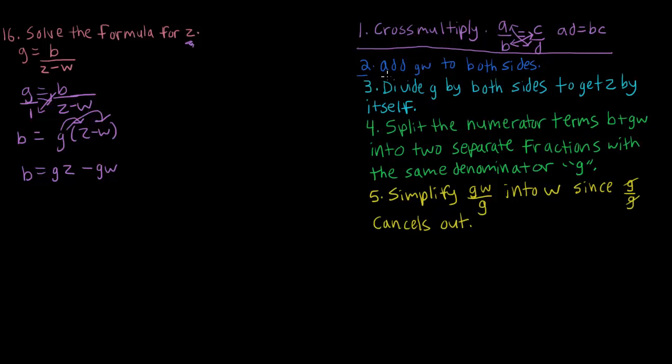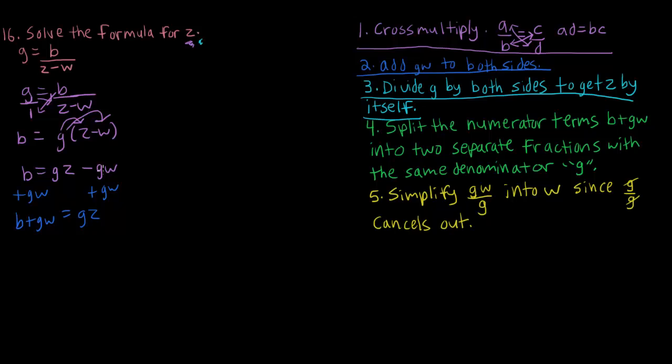Now for step 2, we need to add gw to both sides, so plus gw, plus gw. b plus gw equals gz. Now step 3, we want to divide g by both sides to get z by itself.